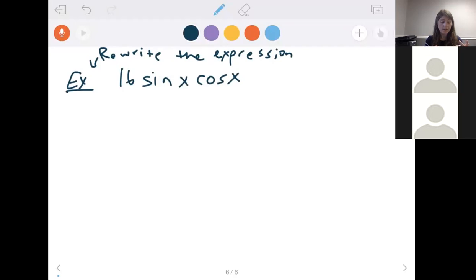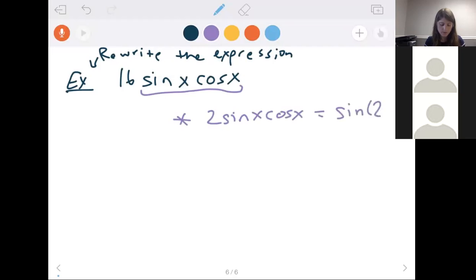So when I see this, my brain is saying, hey, when you have sine of x times cosine of x, that product is related to your double angle. So what we know is that 2 sine x cosine x is the same as sine of 2x.